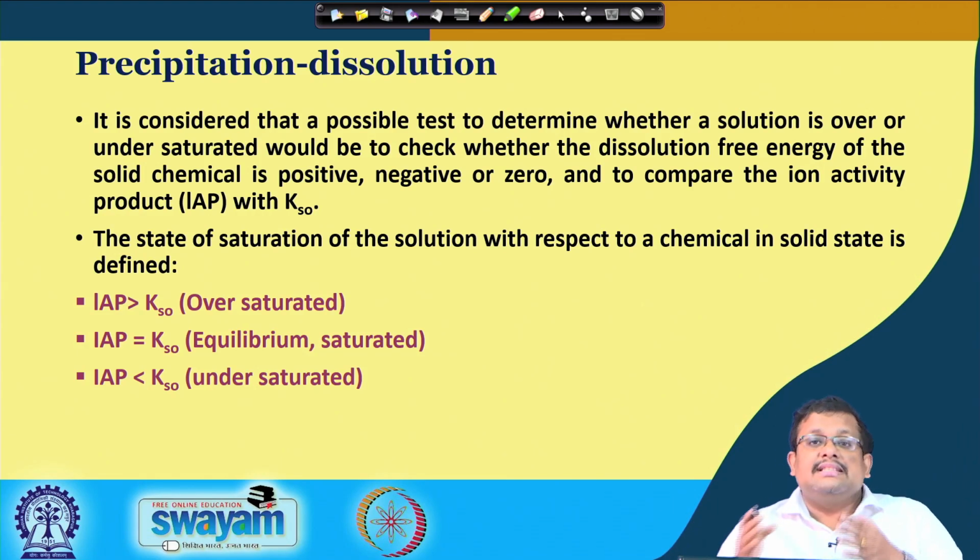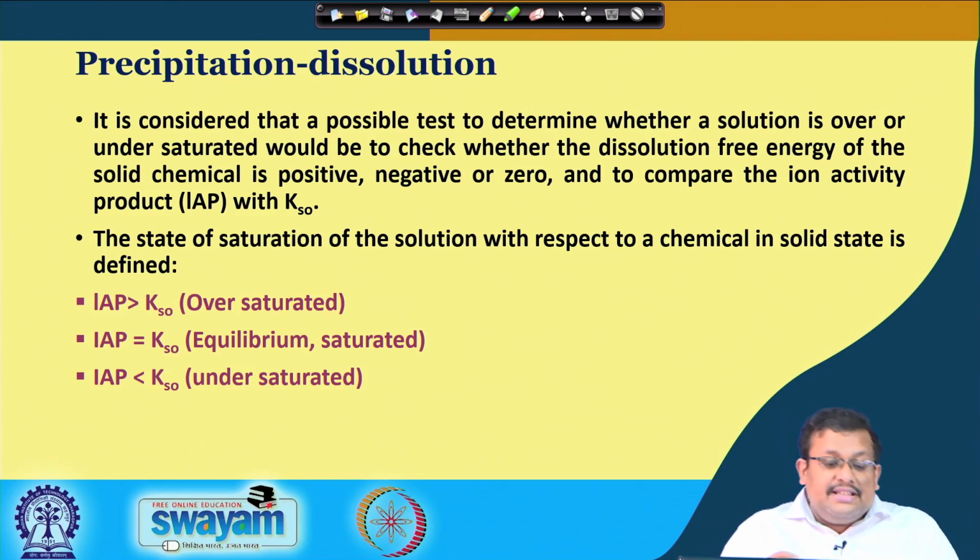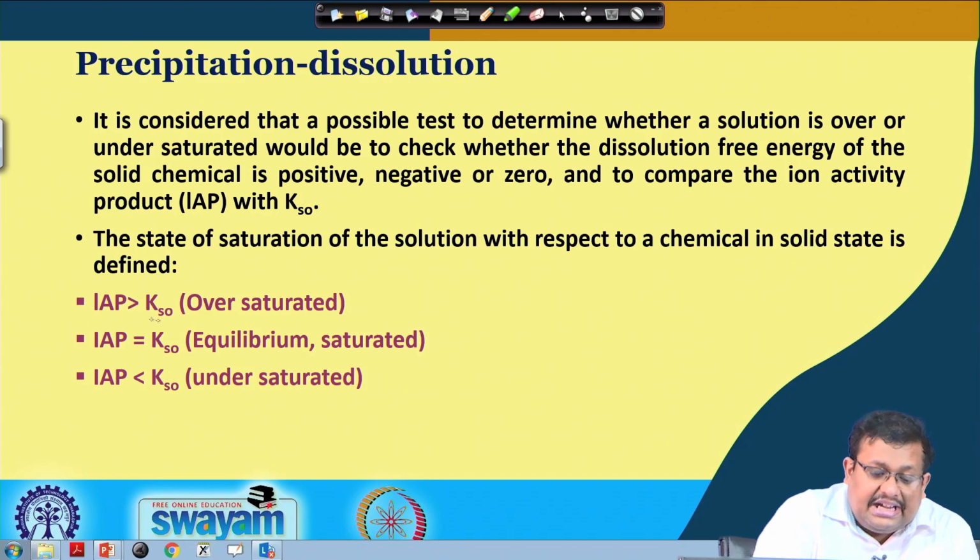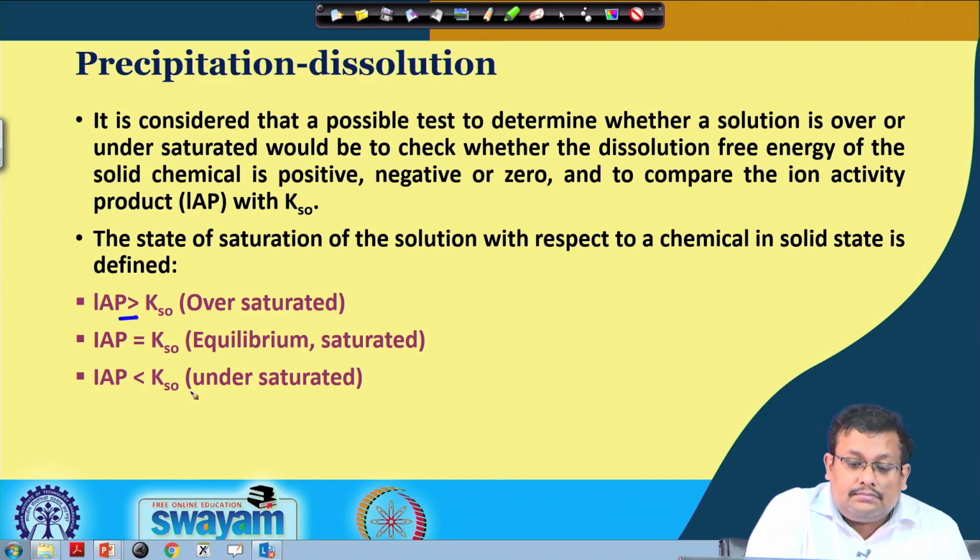We have to compare this ion activity product, or IAP, with the solubility product constant. The state of saturation of the solution with respect to the chemical in solid state is defined when the ion activity product is greater than the solubility product constant, then we consider it oversaturated, and when there is oversaturation, there will be precipitation.